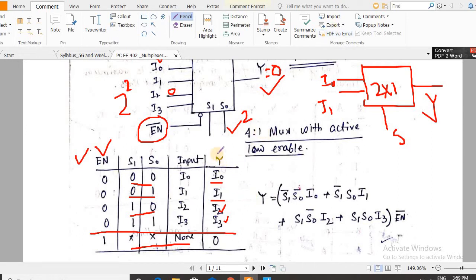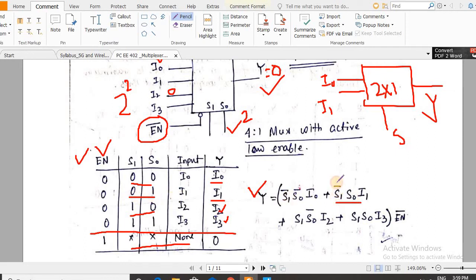So this is the characteristics truth table of this 4 cross 1 mux, and we can write down the equation. This is the SOP representation of y. So obviously from this we can say that y is equal to I0 into S1 bar S0 bar, that is, S1 complement S0 complement. Similarly we can write down y equal to I1 when S1 complement and S0.